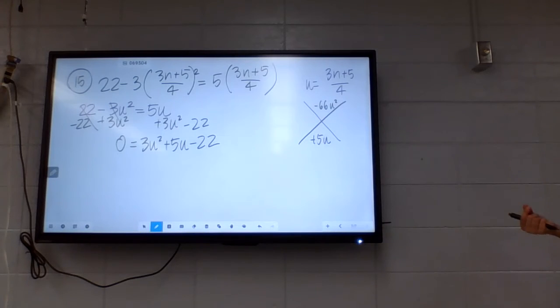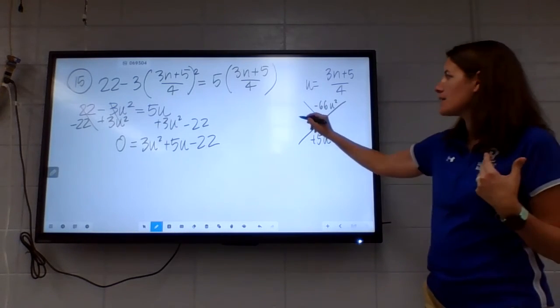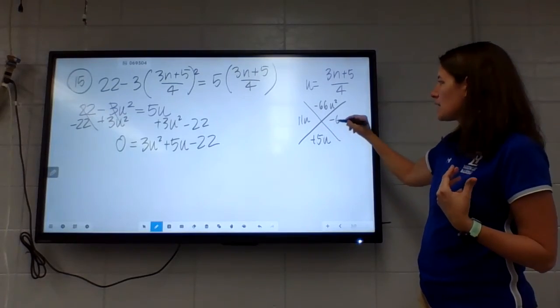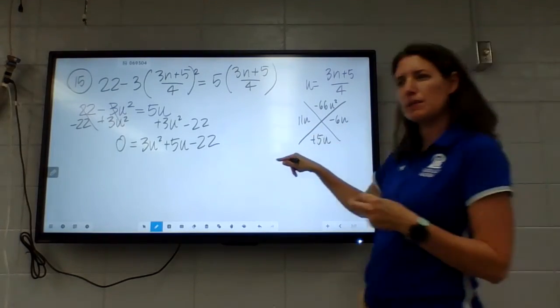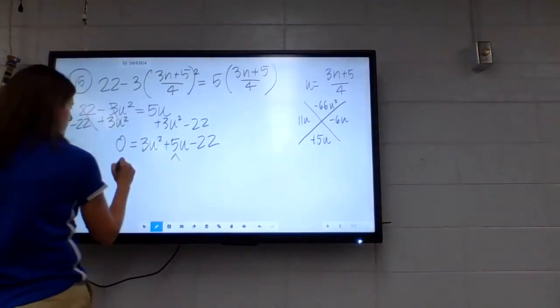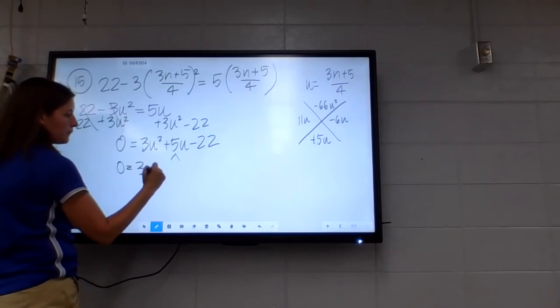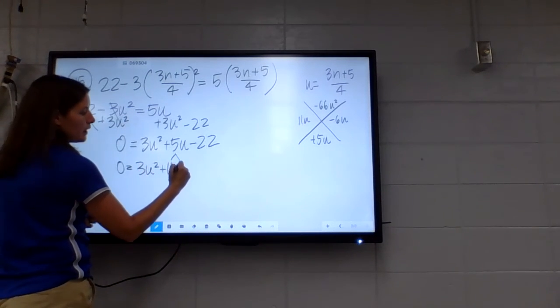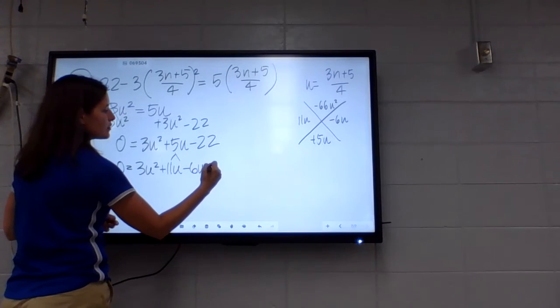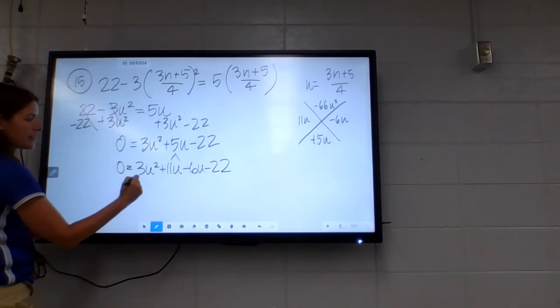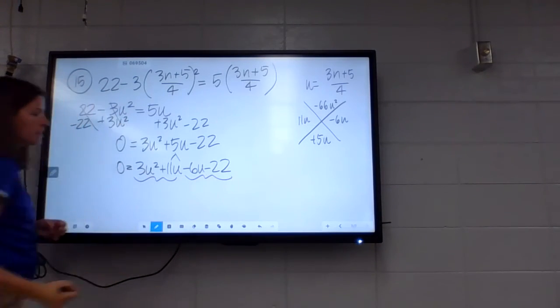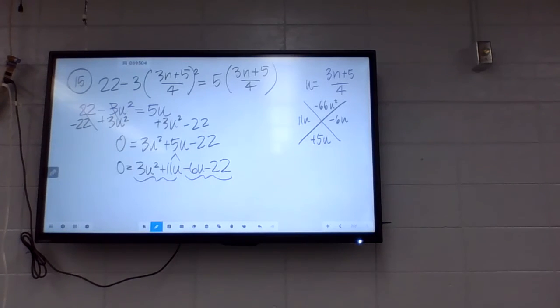So 6 times 11 gives me 66. So if I have a positive 11u and a negative 6u, that's going to be how I'll split this up. Again, you can do this by guessing and checking, but I typically think this is a little bit easier just because I know it, not like doing trial and error.